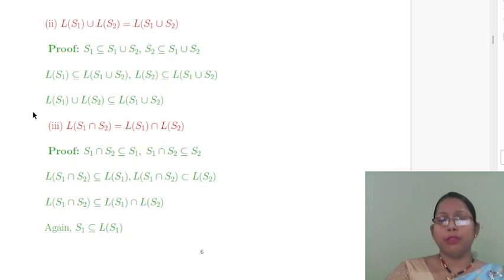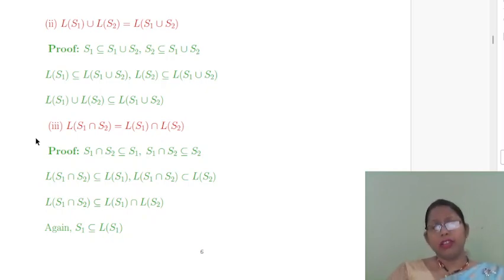Next, I am going to prove the third property, that is, the linear span of S1 intersection S2 is equal to the linear span of S1 intersection the linear span of S2. The intersection of two sets S1 and S2 is always contained in the individual sets S1 and S2.